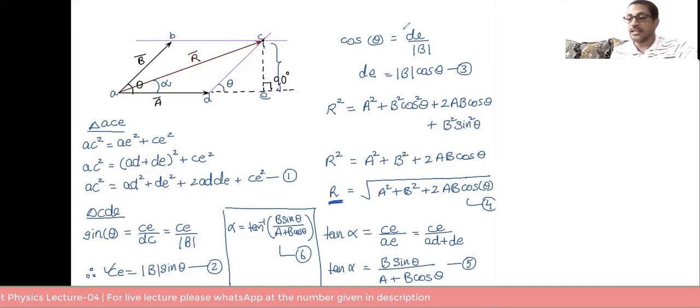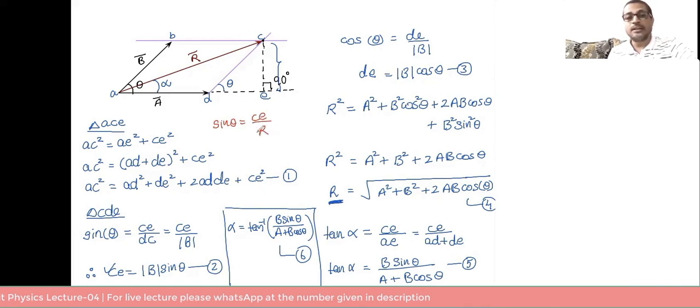Shall I clear off the screen now? Okay. Can you explain why we don't use sine and cos again? Because sine theta requires opposite side CE by hypotenuse.